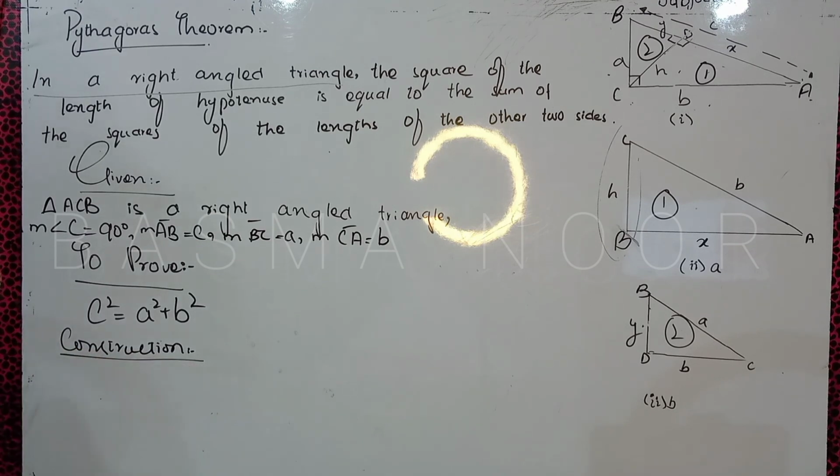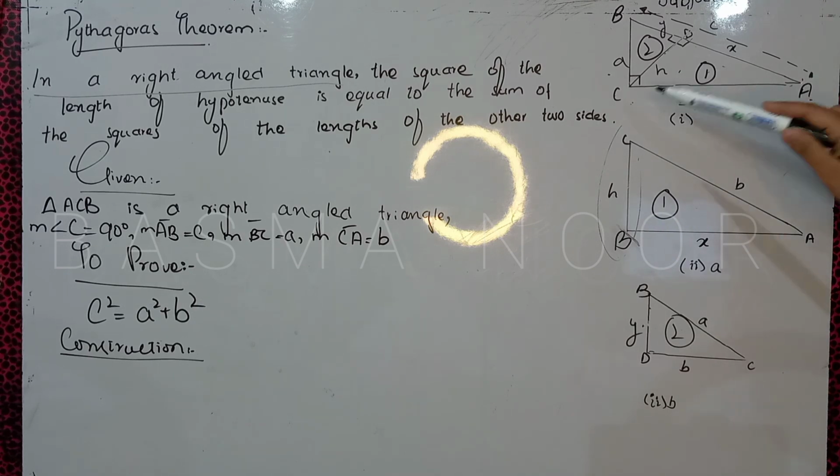So in the construction area, we're gonna write. Let me first show you what is being constructed in this triangle. Take a point on AC, and draw CD perpendicular from C on AB.